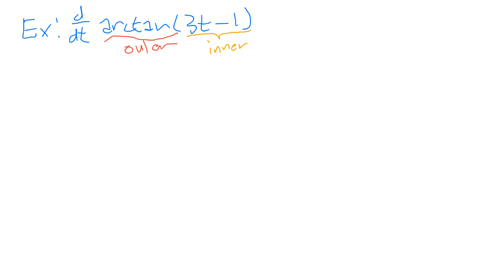Alright, so the derivative of arctangent of x is 1 over 1 plus x squared. So we can start plugging this in. So we get 1 over 1, but since we have a 3t minus 1 instead of an x, we're going to leave that 3t minus 1 in the parentheses and square that.